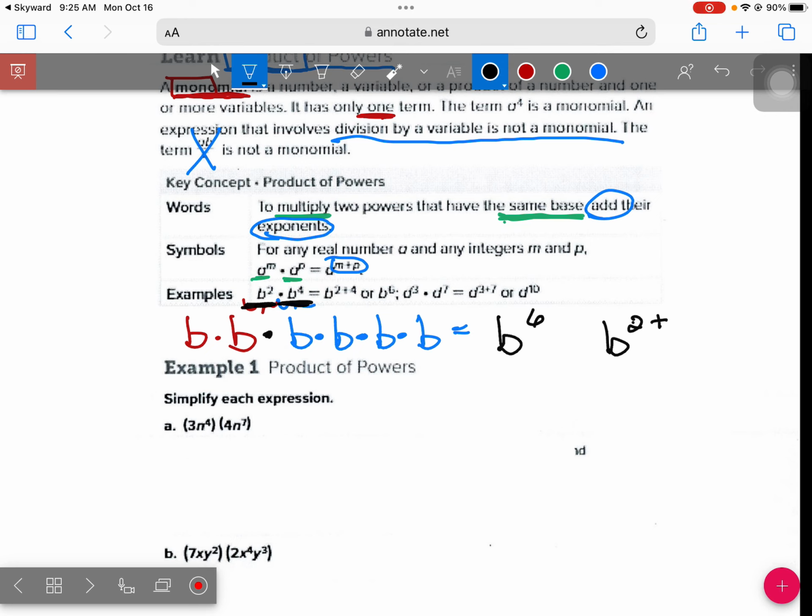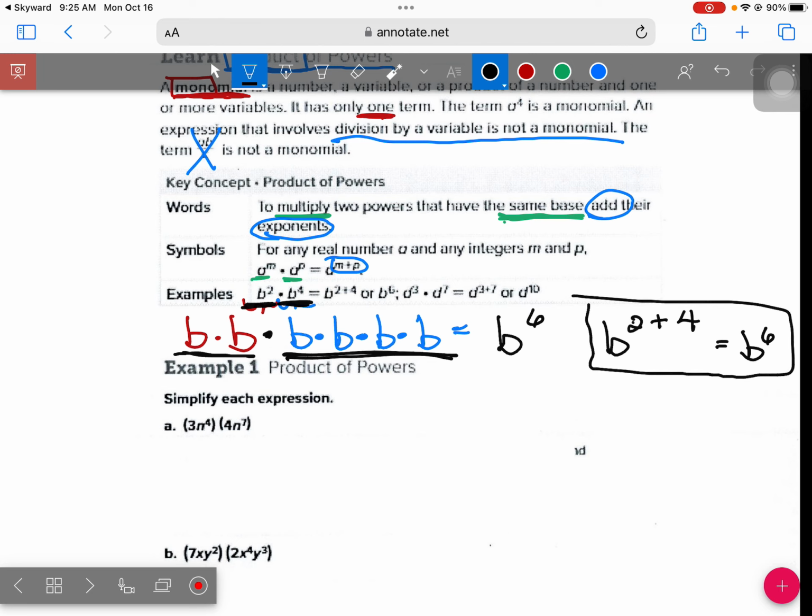Times b to the 4th is b to the 2 plus 4, which is b to the 6th. So this is what it means written out, but so we don't have to write it out each time. This is kind of like a shortcut, okay? But this is why it works. Any questions on that?